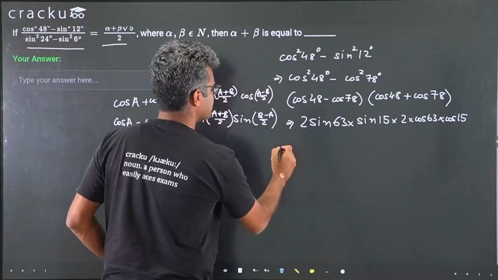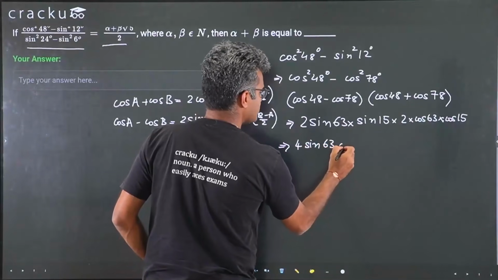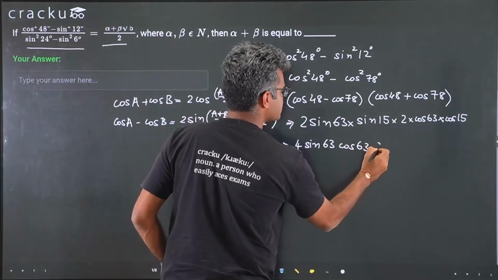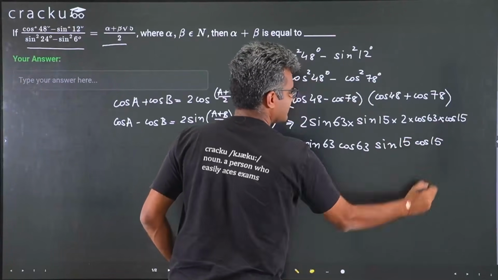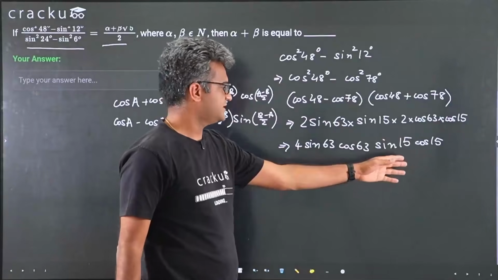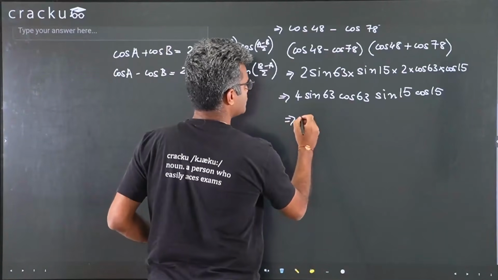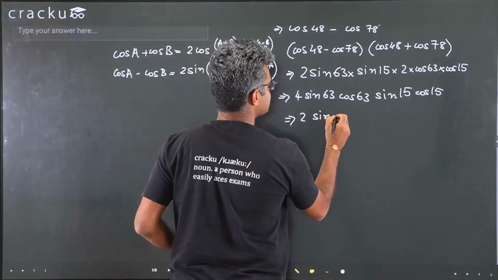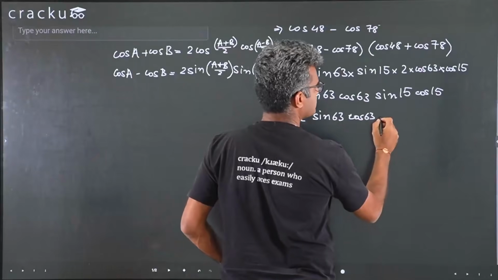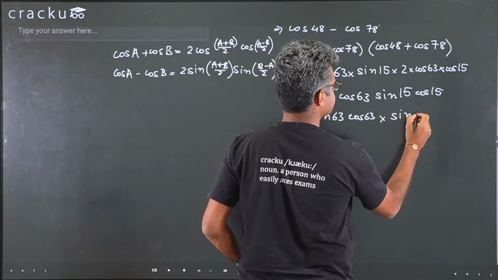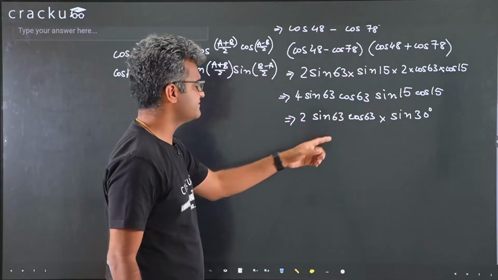So the numerator, if you are simplifying, is 4 times sin 63 into cos 63 into sin 15 into cos 15. Now sin 15 into cos 15 into 2 is equal to sin 30. So this is equal to 2 times sin 63 into cos 63 into sin 30 degrees. 2 times sin 63 into cos 63 is sin 126.